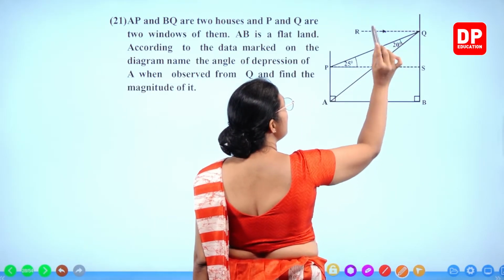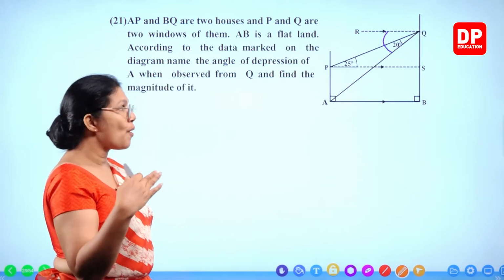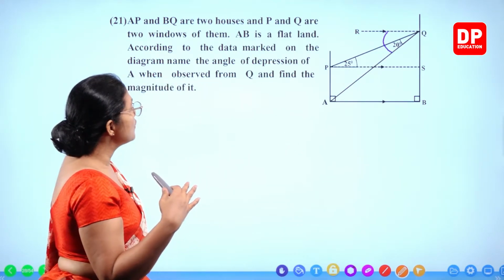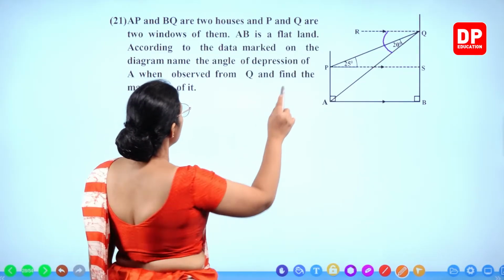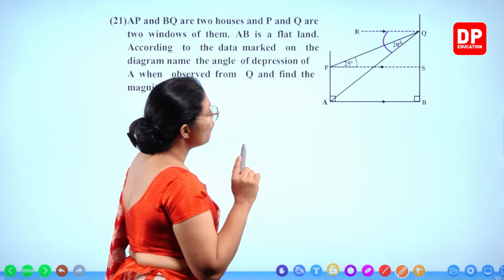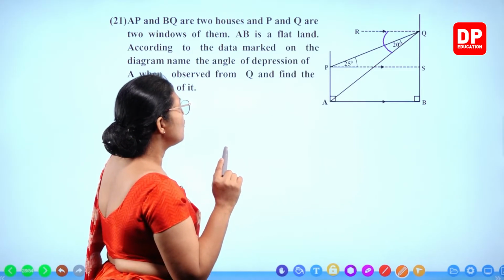They are asking for this angle, because angle of depression we always measure from the horizontal line. So we need to find the magnitude of it. How can you find that? Look carefully.